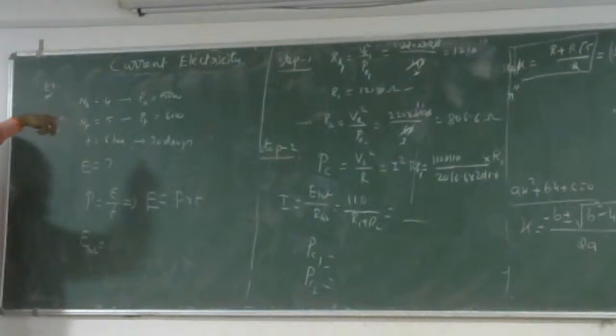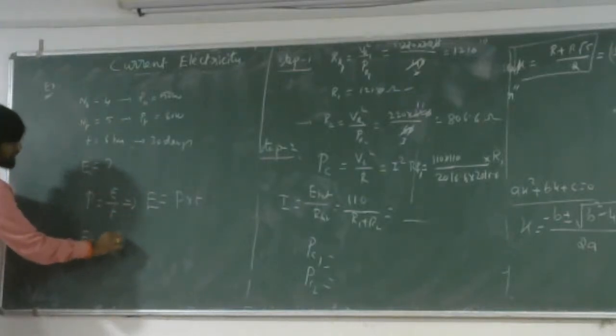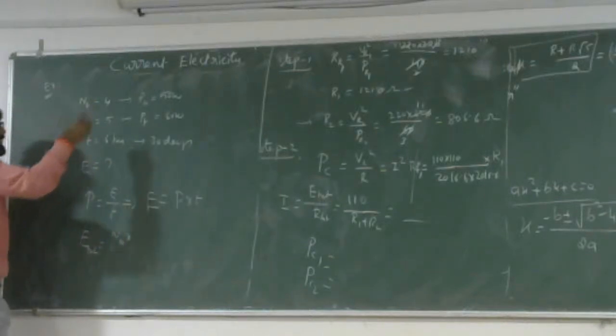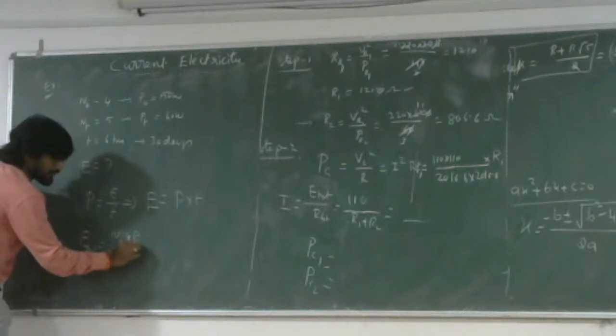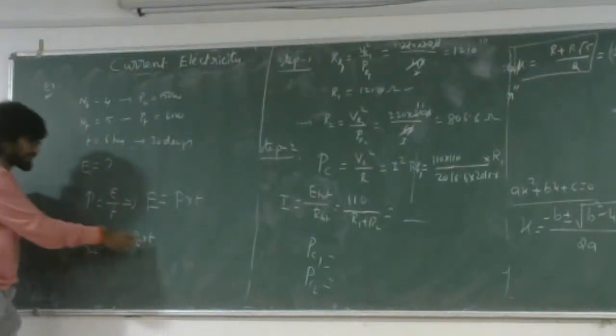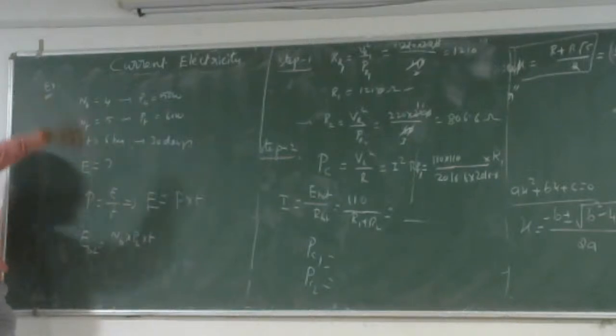Got it? But here the total energy consumed is equal to the number of devices into the power of each device. So you can say that here, number of bulbs into the power rating of each bulb into the time, how much time this power is consuming energy. We can take this as T. All are consuming this energy for the same time duration, right?